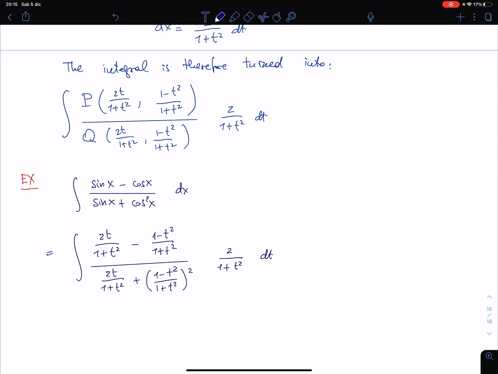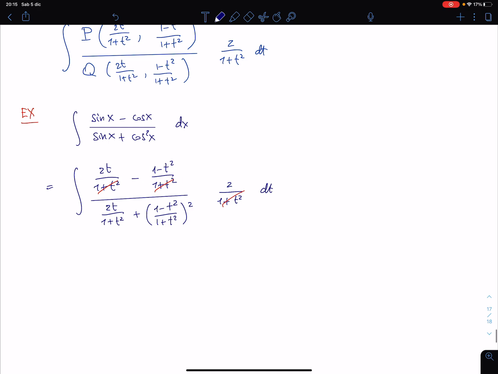It seems to be really horrible, but something can indeed be a bit simplified by noting that here you have 1 plus t squared here and here, so you can cancel with this. And so go on, and here you can extract the factor 2, which is common to everything here.